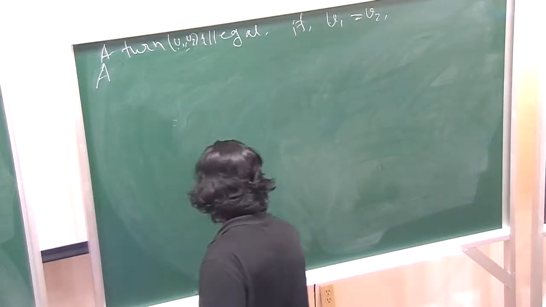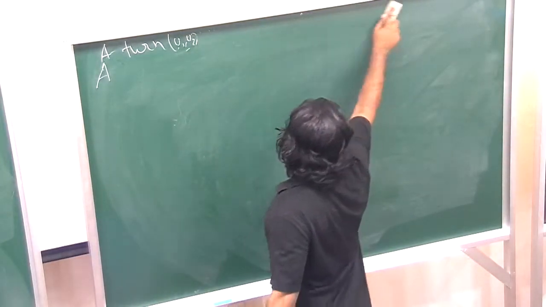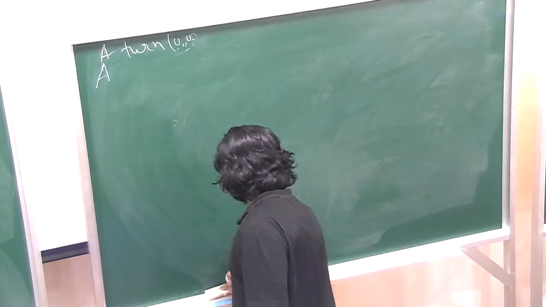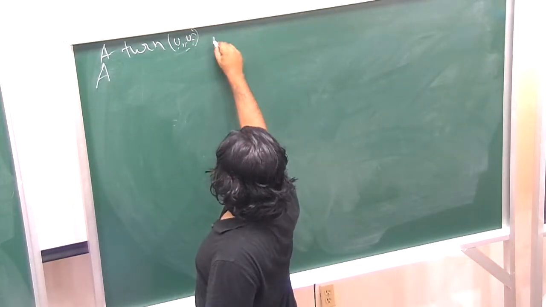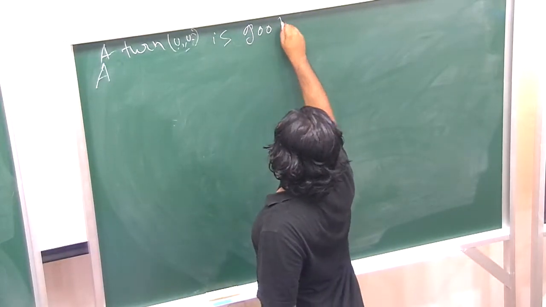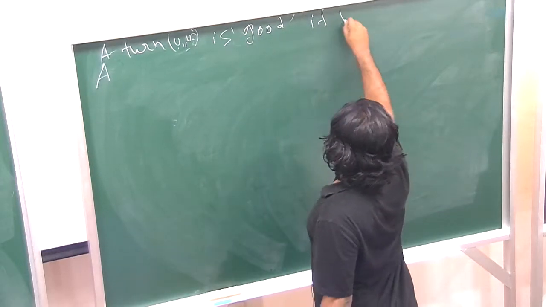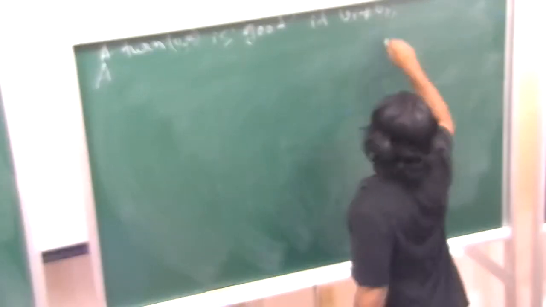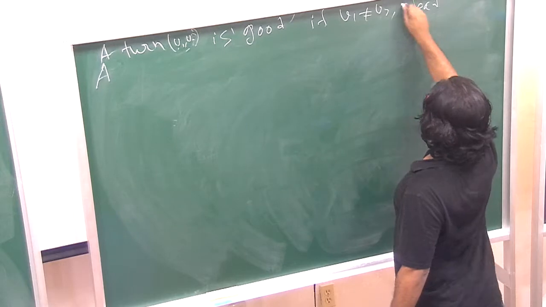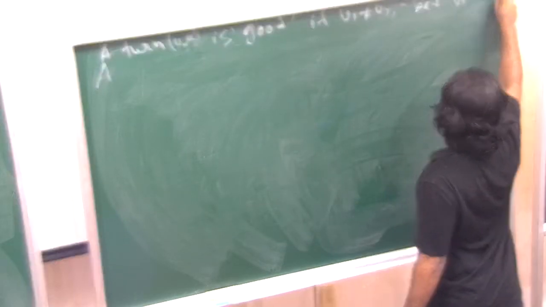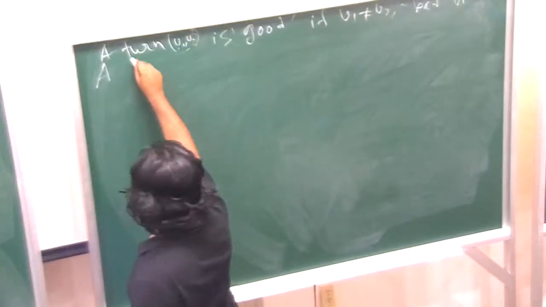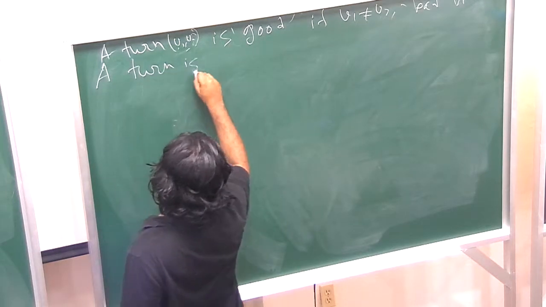Oh, sorry, don't call it illegal. I want to do something else. Call a turn good if V1 is not equal to V2, and bad if V1 is equal to V2.